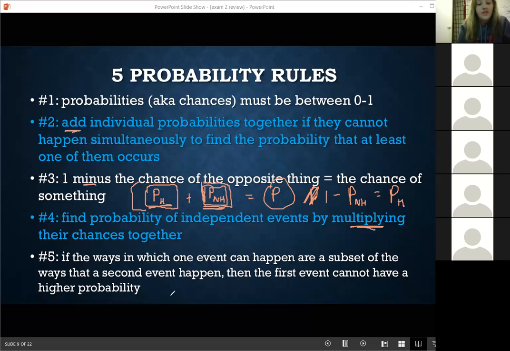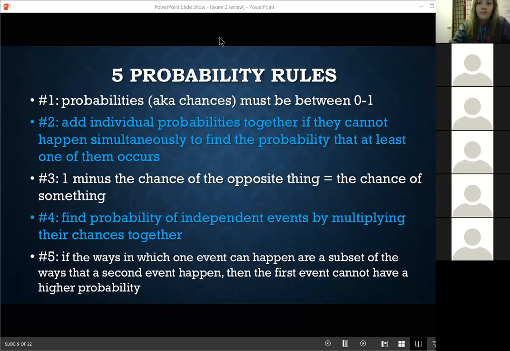You just want to make sure that you're looking at how they interact with each other, because probabilities can interact. We were talking about if they can't happen simultaneously or if they're independent. But in this one, if you have a probability that is dependent upon another event happening, then this fifth rule does come into play. So that's the main idea of that one.